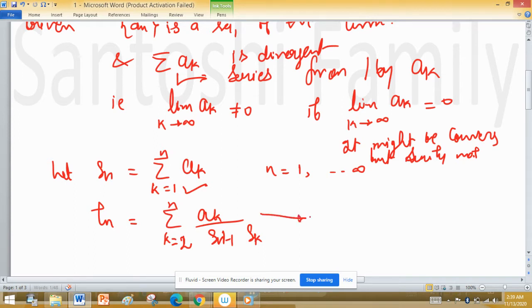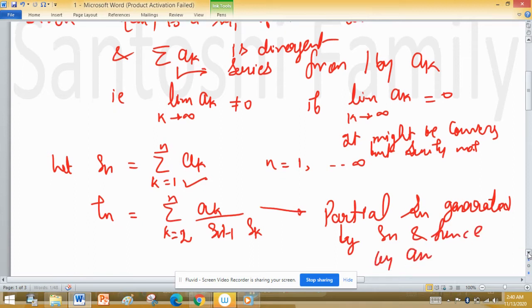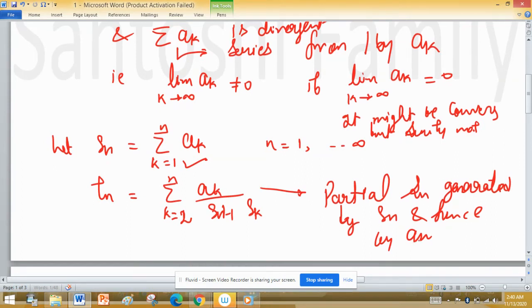These are partial sums generated by Sn, and hence by an, because Sn is generated by an.